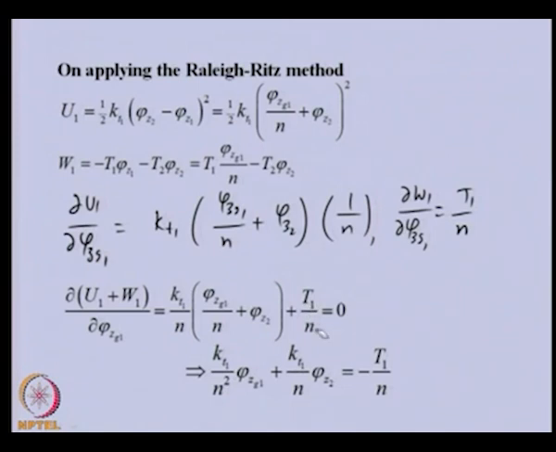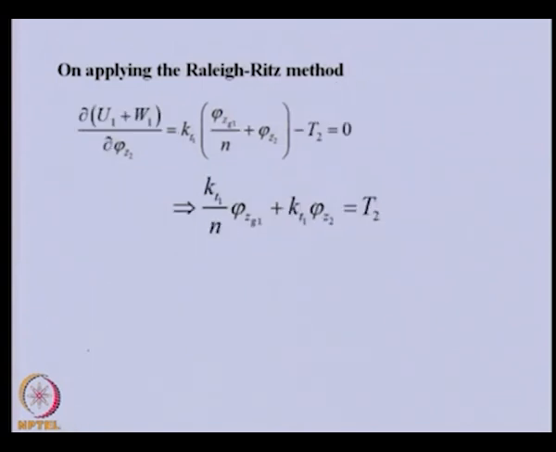I am taking the torque to the right side. We are minimizing the energy, so after partial differentiation we are equating this term to 0, and now I am rearranging this equation in this form, where the torque is on this side and the phi z g1 and phi z2 terms are on the left side. Similarly, we can minimize this energy with respect to phi z2, the second variable of the element, and once we differentiate we get this expression.